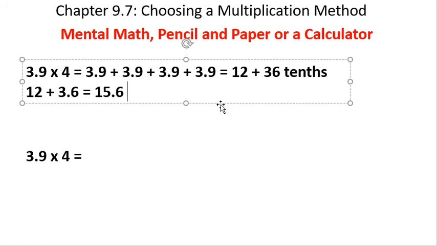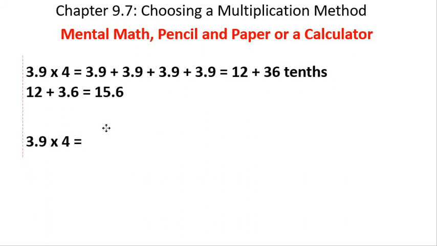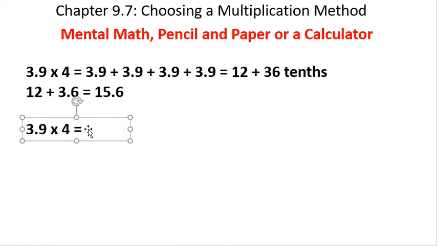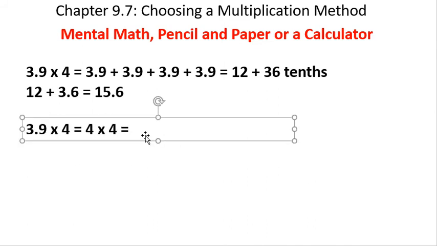Say, for example, that you wanted to use a slightly different method. We'll use this one right here. I could round my 3.9 to 4. And I could say 4 times 4 equals 16. But I know this number is too big because I increased my 3.9 to 4, which means 4 times I added a 0.1.